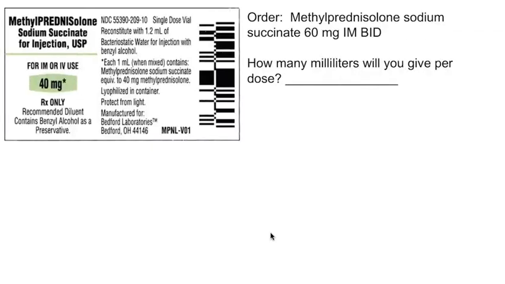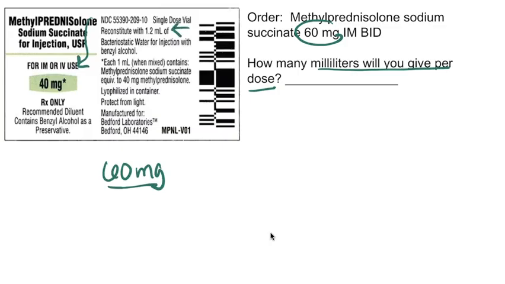Okay, there's another one. How many milliliters will you give per dose? Okay, this is the D over H times V. My D is 60 milligrams. Okay, and I have to find out my concentration here. It says there's 40 milligrams in the vial, and it says reconstitute with that.